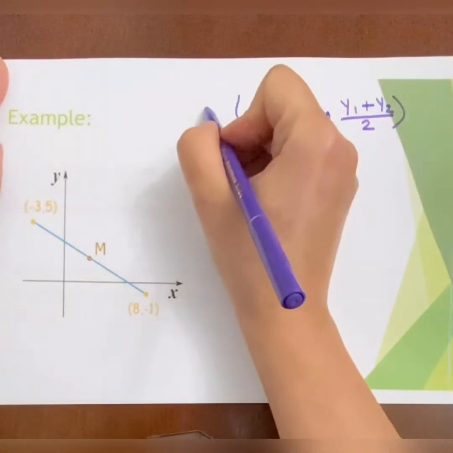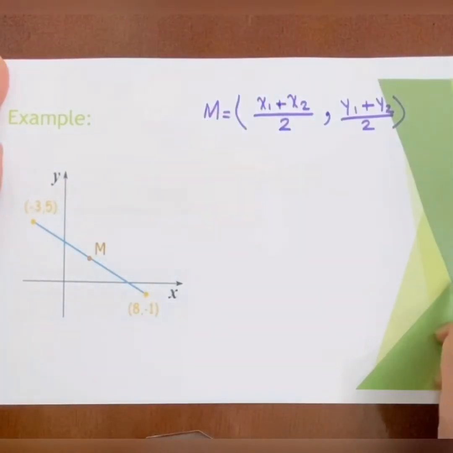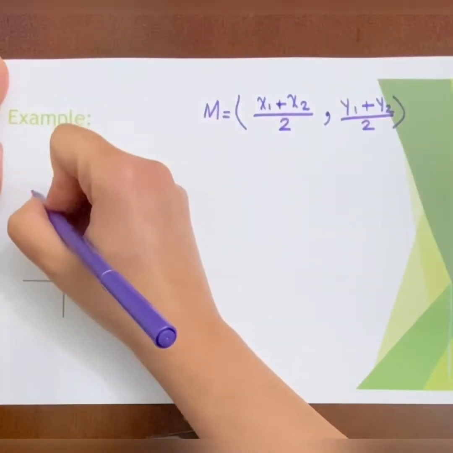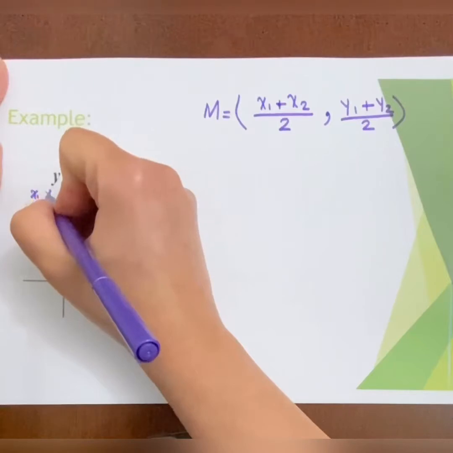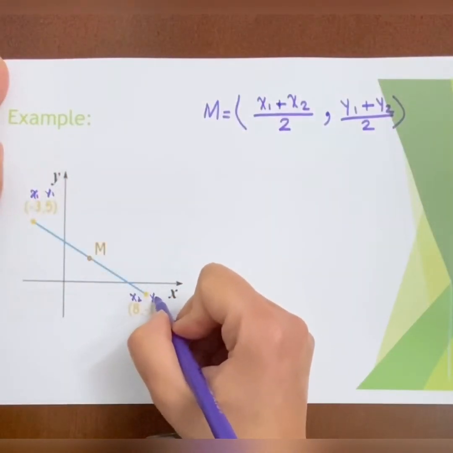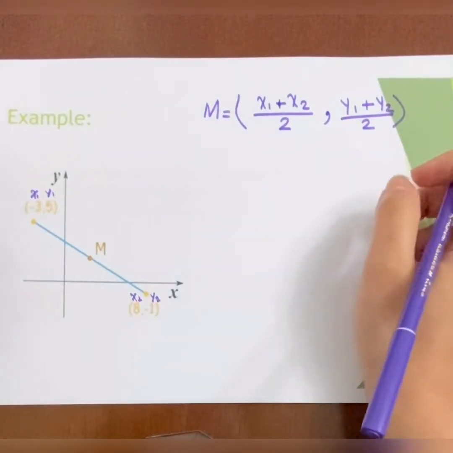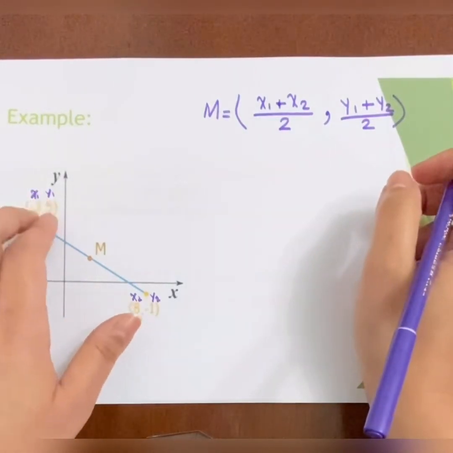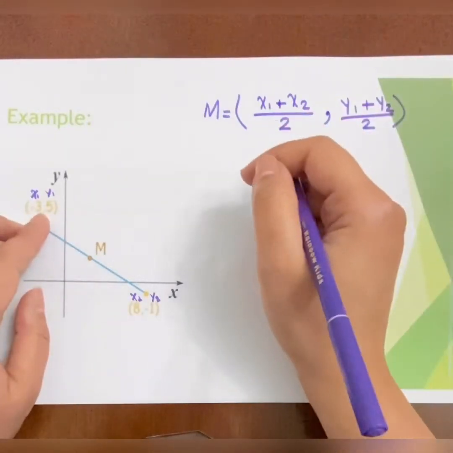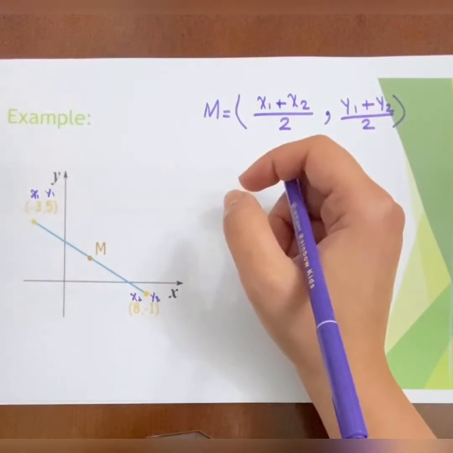So we say M equals. Now, what do I have as x1 and x2? Here, I will say that this is x1, y1. Here, x2, y2. One of the mistakes that people usually make is dealing with these two numbers together and these together. They start adding negative 3 plus 5, which is wrong.